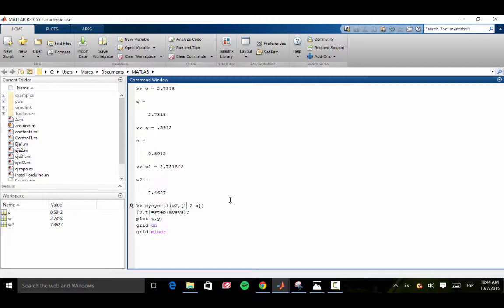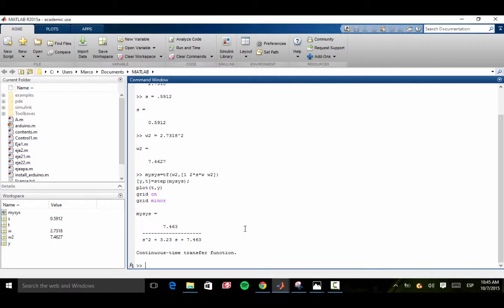And below the transfer function we have a coefficient of 1 for the s squared, a coefficient right here of 2 zeta omega n, and the third coefficient we put omega n squared, and plot this.